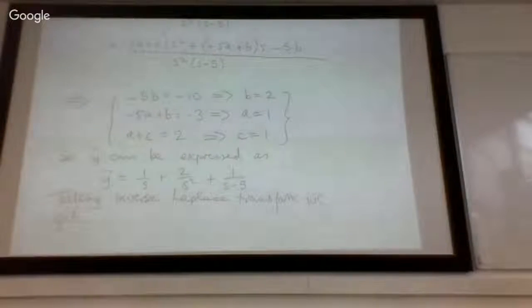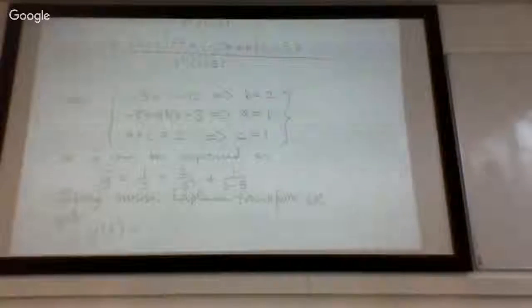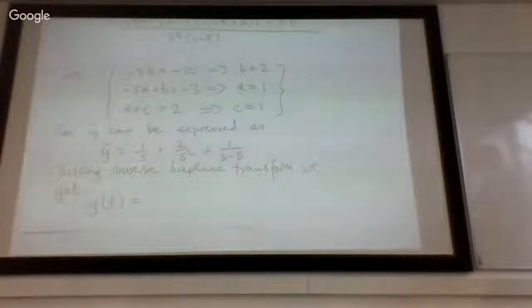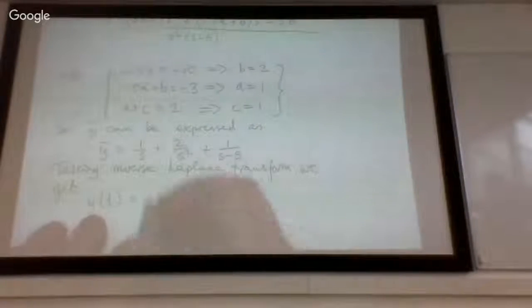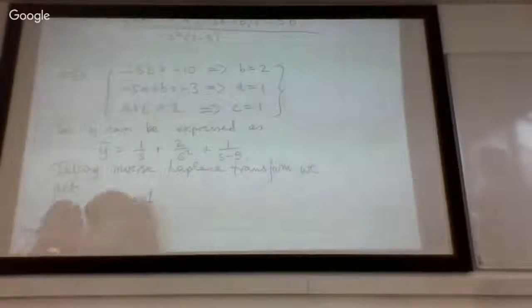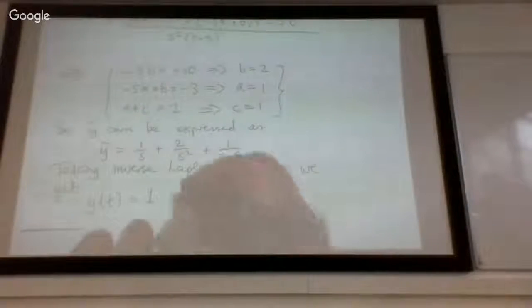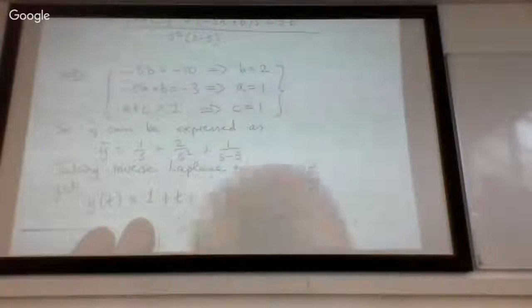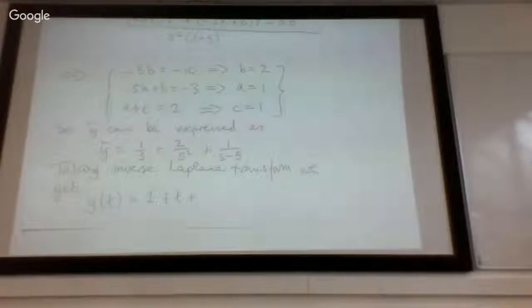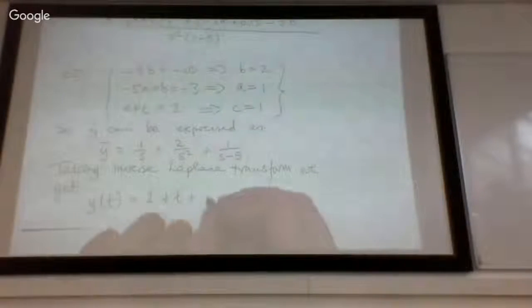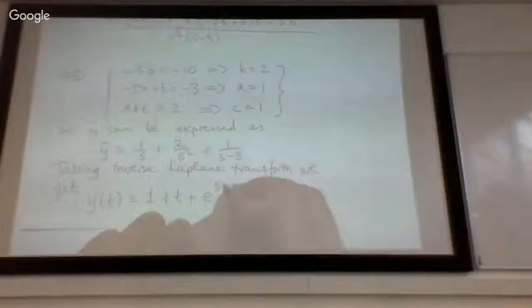You take that inverse transform, you get back to the original function y of t. 1 over s is the transform of the constant 1, so you get a constant 1. 2 over s squared is the transform of the function t, so you get a term t. And 1 over s minus 5 is the transform of the exponential function e to the 5t.